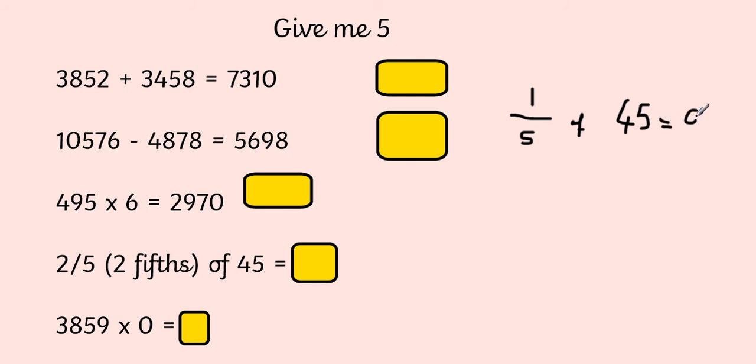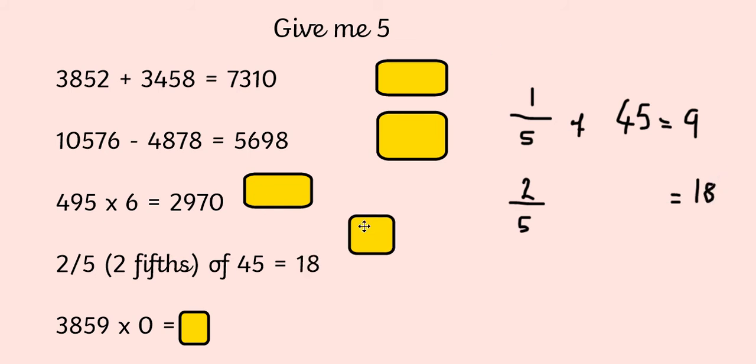So 1/5 of 45 is 9. So for 2/5, what I need to do then is just times 9 by 2. So 2/5 of 45 is 9 times 2, which is 18. Let's double check we've got that right there. Yep, there we go.